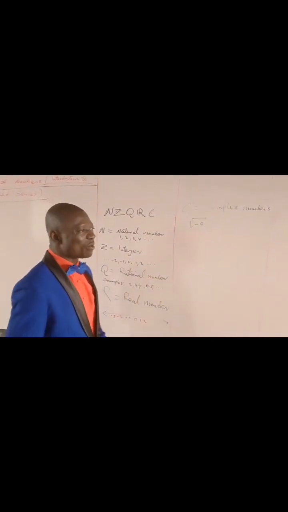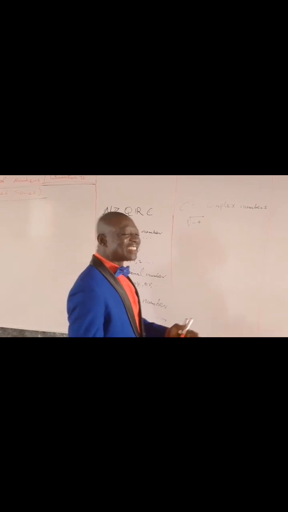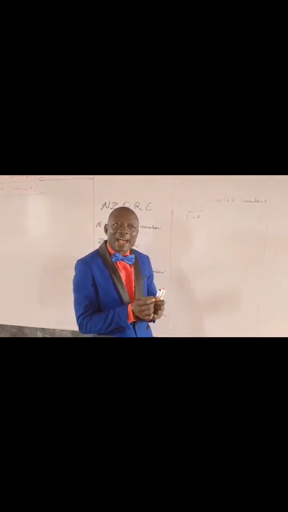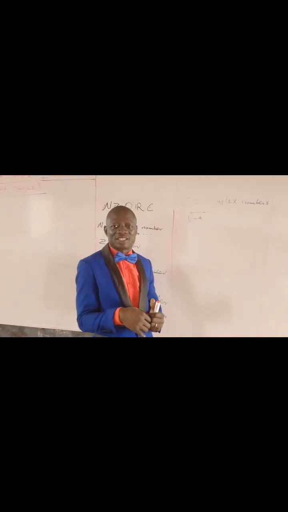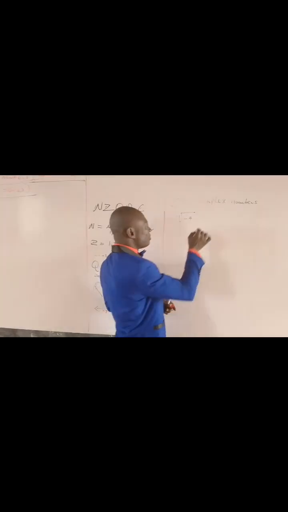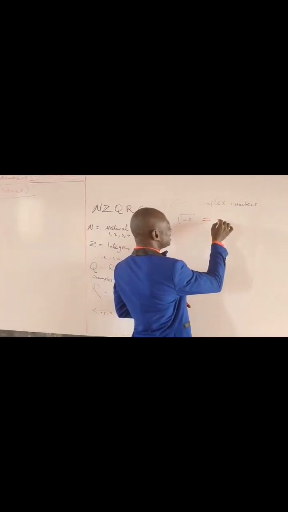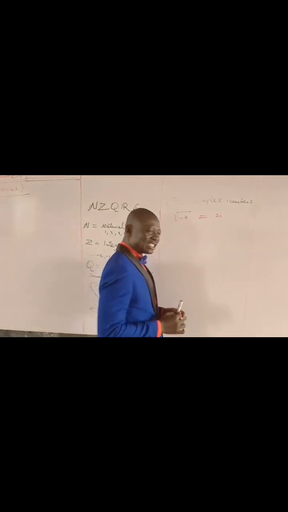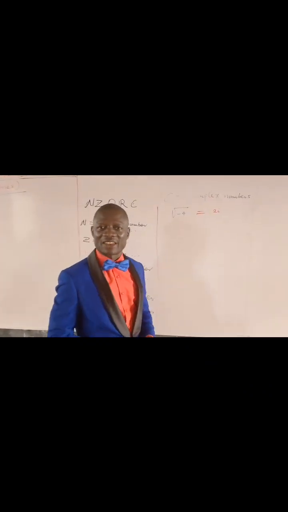Complex numbers are now what? Numbers that have both a real number and an imaginary number attached to them. For instance, the square root of -4 we have written on the board is 2i. That is going to be explained more in another episode.